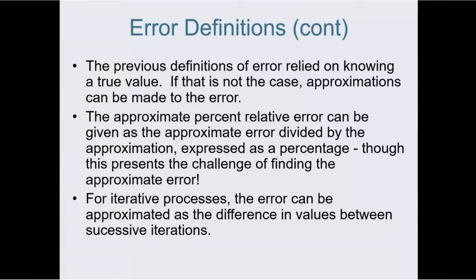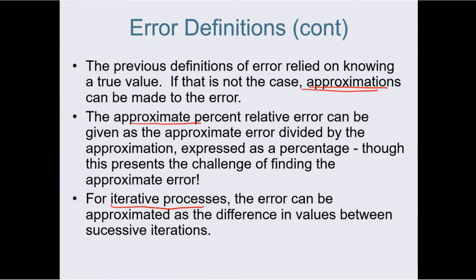In this case, then we use some approximations to the error. One such approximation is the approximate percent relative error, in which we use approximate values to find the errors. Iterative processes are trial and error processes, where you take a guess value, you try to find the true value, then you go on to the next trial.